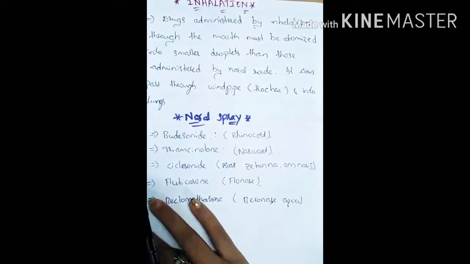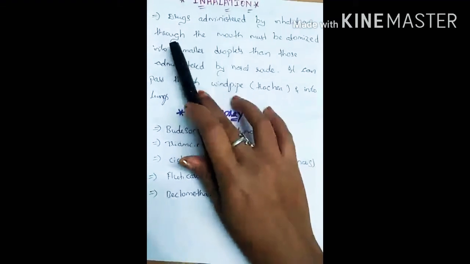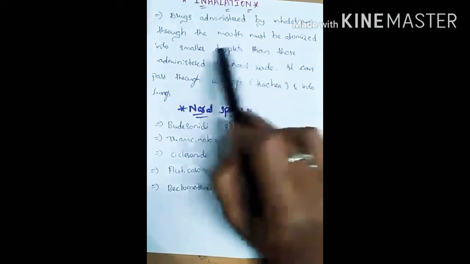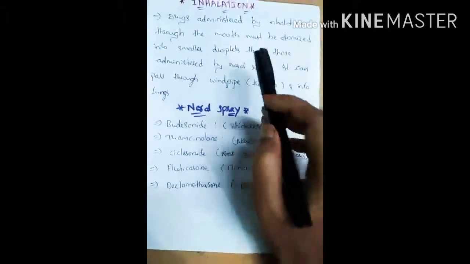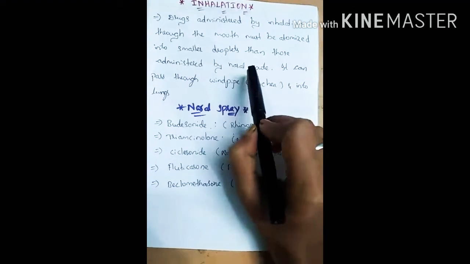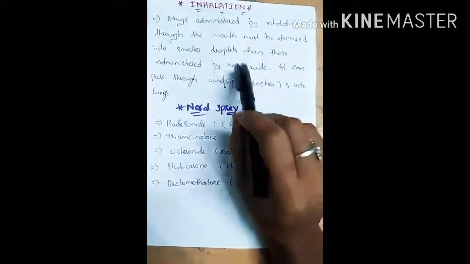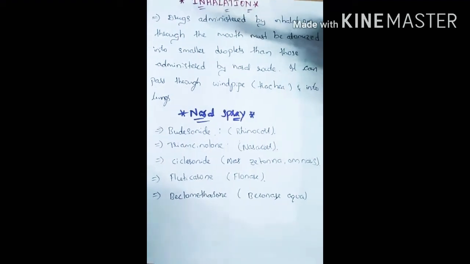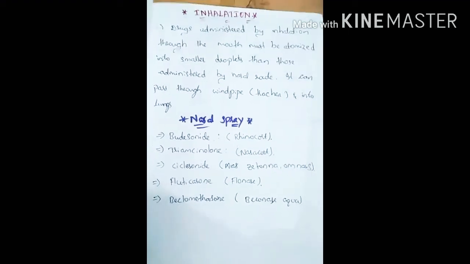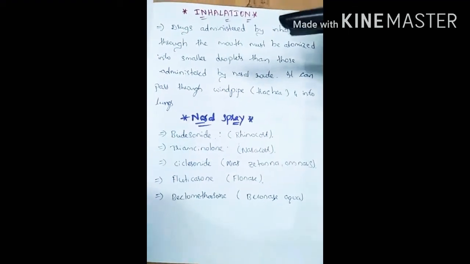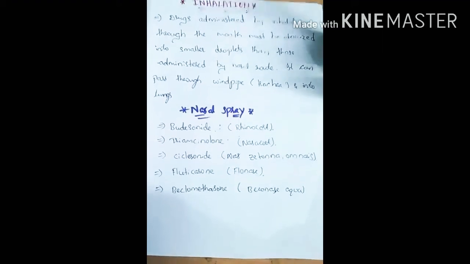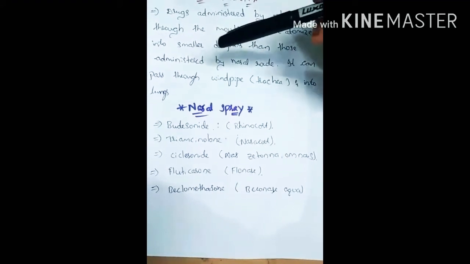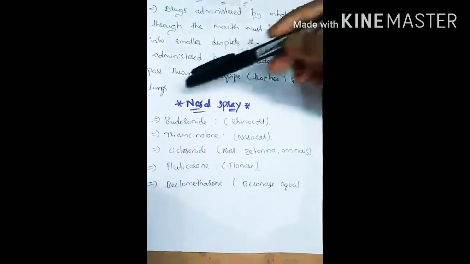Next, inhalation. The drug administered by inhalation through the mouth must be atomized into smaller droplets than those administered by the nasal route, through the nose. When an inhaler is used for asthma patients, the drug must be atomized into small particles.